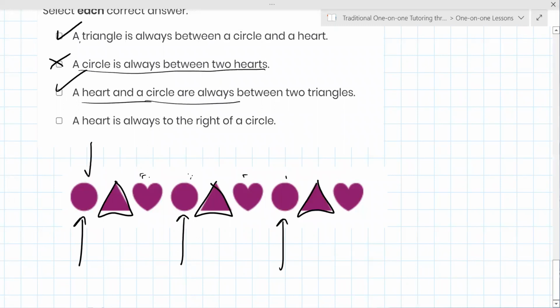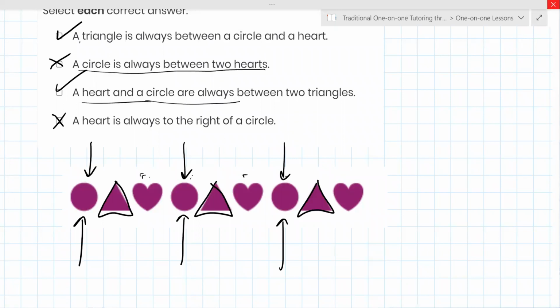So there's your circle. There's your circle. There's your circle. Is there always a heart to the right of it? No. It doesn't look like it. Okay, so we would say no to that one. Any questions on that pattern?